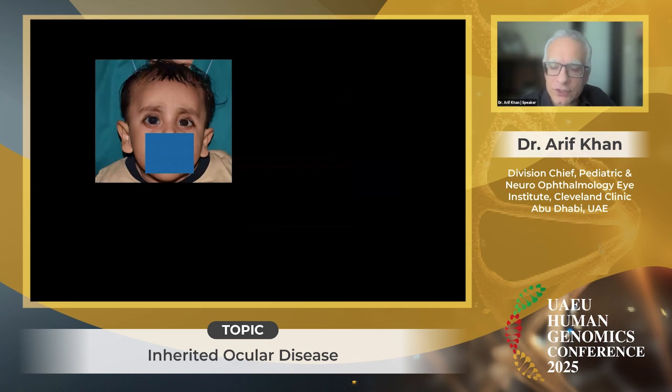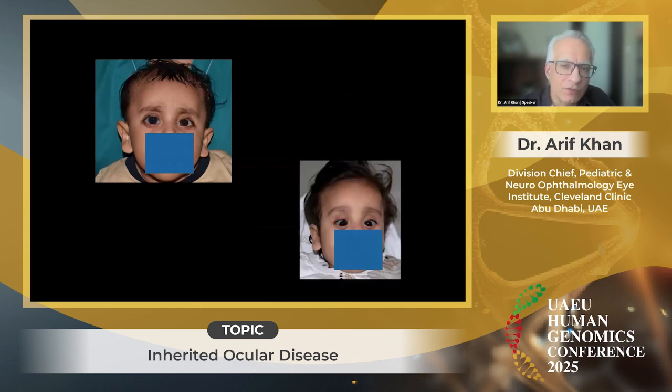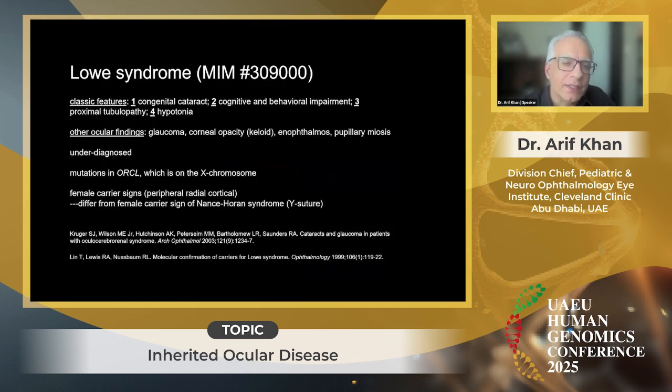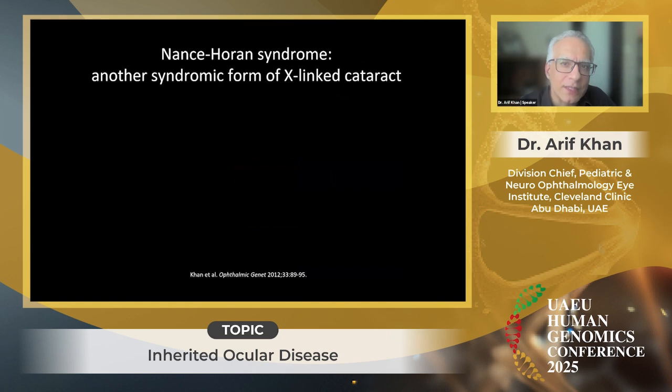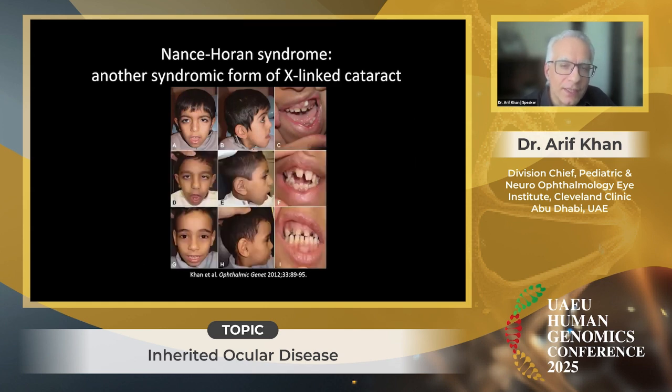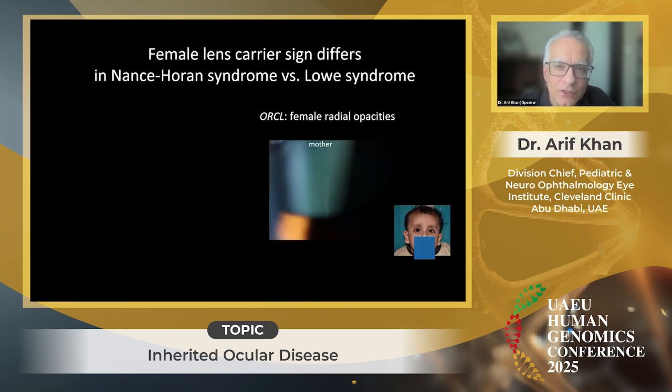Of course, Lowe syndrome patients have a dysmorphology that's recurrent, but looking at the lens of the mothers of the carriers can be very helpful in making this diagnosis. It's interesting, there's another form of X-linked cataract, syndromic form, known as Nance-Horan syndrome, and these patients have a different dysmorphology than Lowe syndrome patients in terms of their facial features, but so fascinating, the carrier signs are different.